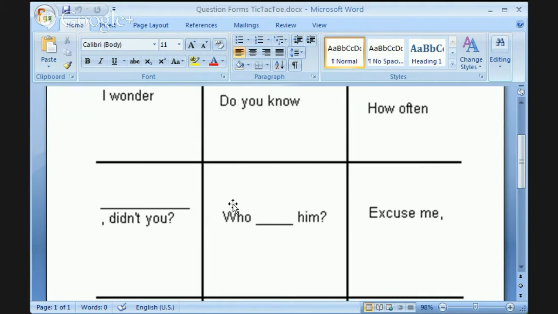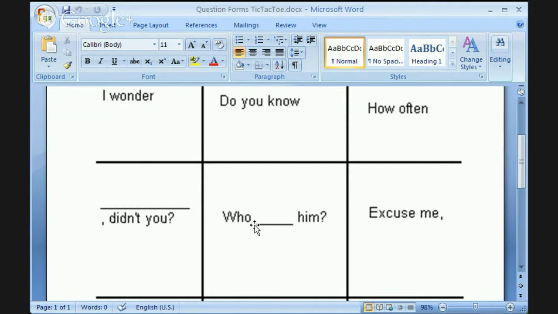Miguel, everyone's perfect so far. Miguel, who blank him? Who is him? Oh, Miguel, no, we would use the pronoun he.